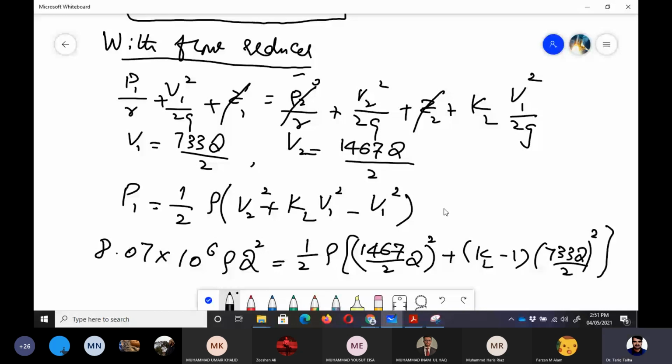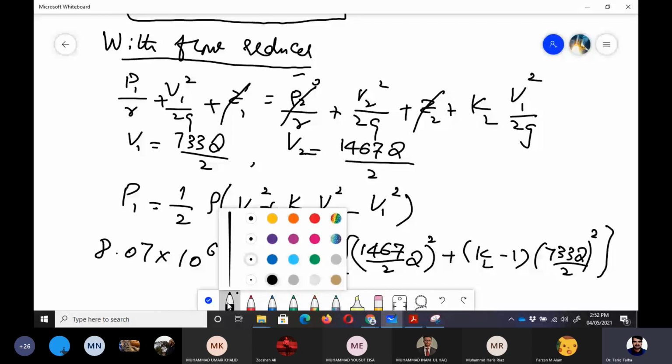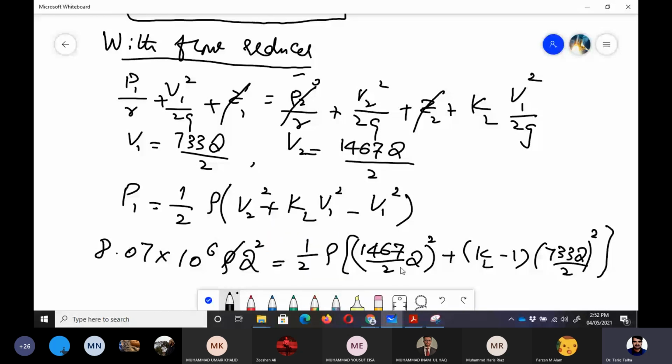Right, so I have just put the value of V1, which is 733 Q upon 2, and I have written KL minus 1 because V1 square is common, so I have taken it common. So from here, rho would be cancelled out, and Q square is in each term, so that would be cancelled out too.